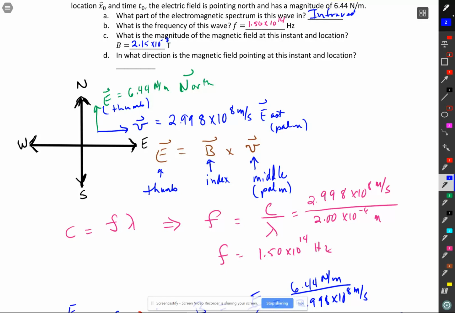Now, in this diagram, which is a north, south, east, west diagram that has up as coming out, that's got to be the direction of the magnetic field to be consistent with this cross product. So now let's double check by pointing my index finger up out of the page, making my middle finger point to the east, and my thumb then points north.